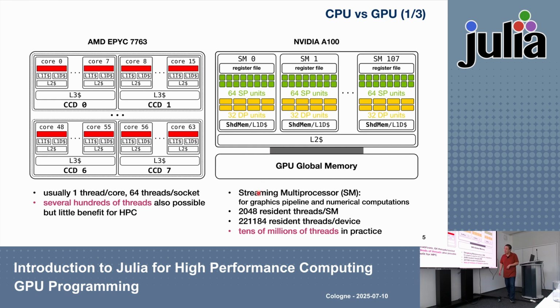Why is it called streaming? Because of a historical reason. People tried to render graphics, and this rendering procedure forms the so-called streaming pipeline. And multiprocessor means inside this multiprocessor, there are tiny sub-processors.